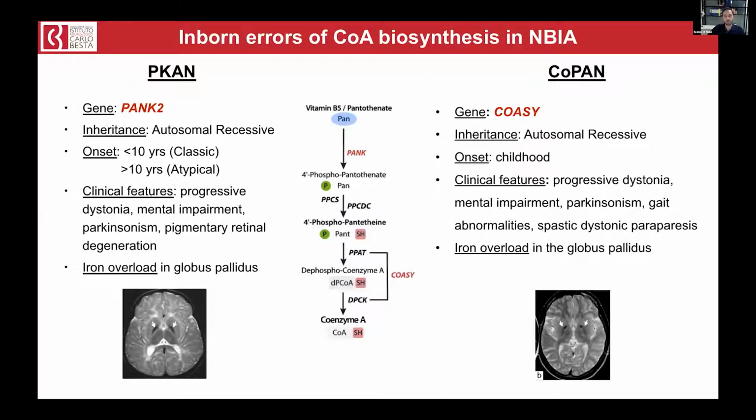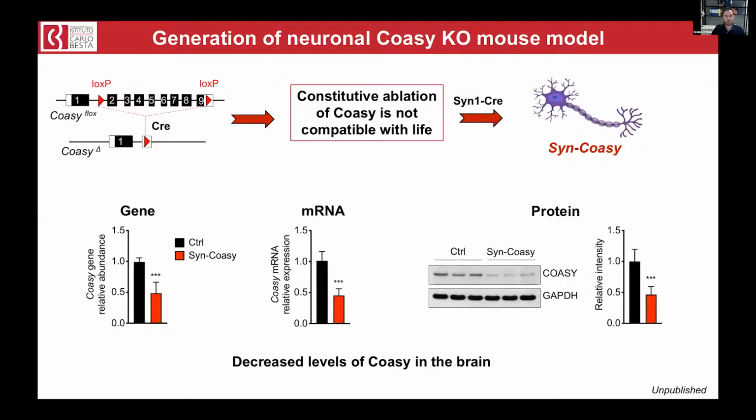So we reasoned that the generation of a mouse model lacking the COASY gene could be interesting to study the pathogenesis of the diseases associated to inborn errors of Coenzyme A. So we generated a mouse model using the classical Cre-lox system.